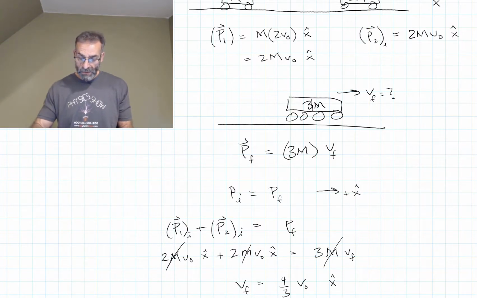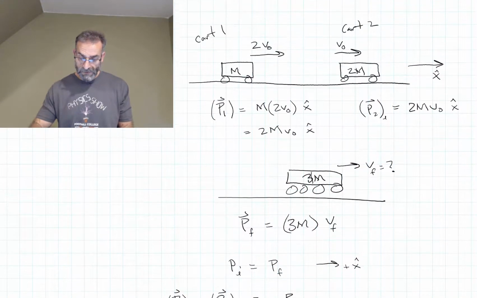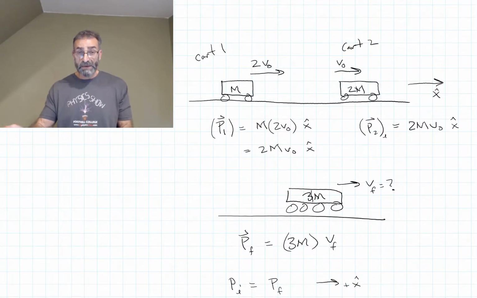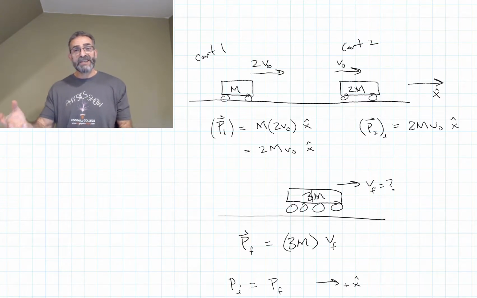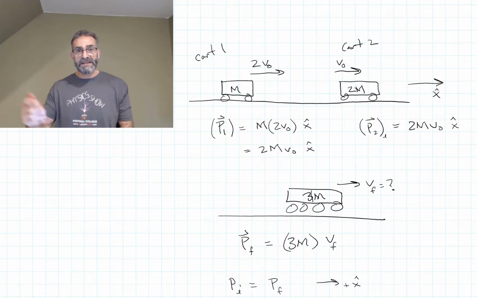Cart 2 was moving with speed V naught to the right, and after the collision it's moving faster. It's moving with a speed of 4/3 V naught to the right, because cart 1 gave it an impulse to the right, increasing its momentum.